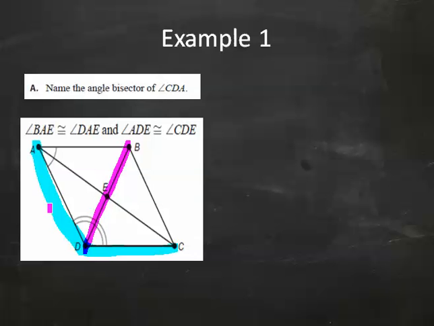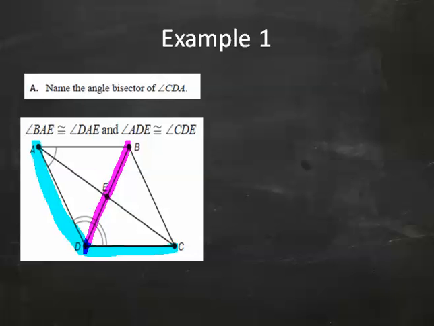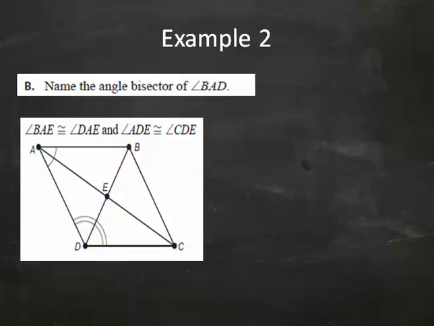You can name this two ways. You can say that the answer is line segment DE, just going from here to here. Or you can say line segment DB. Either one of those would be answers.